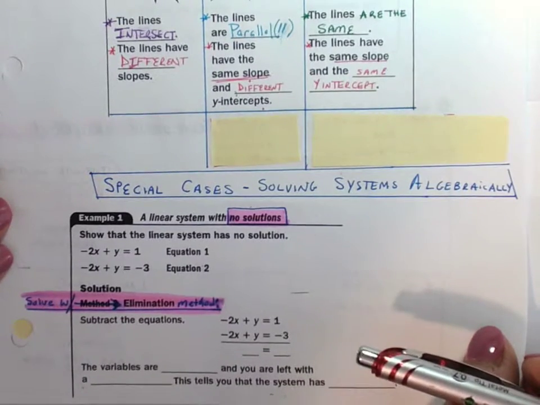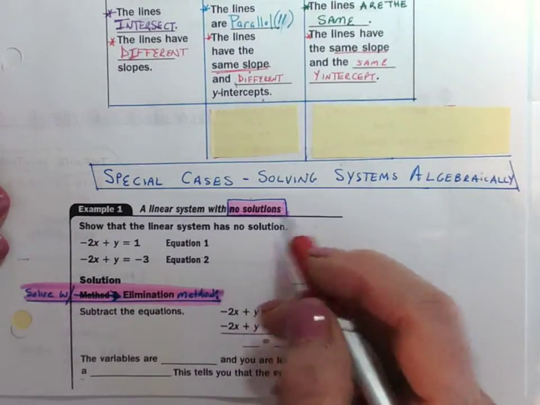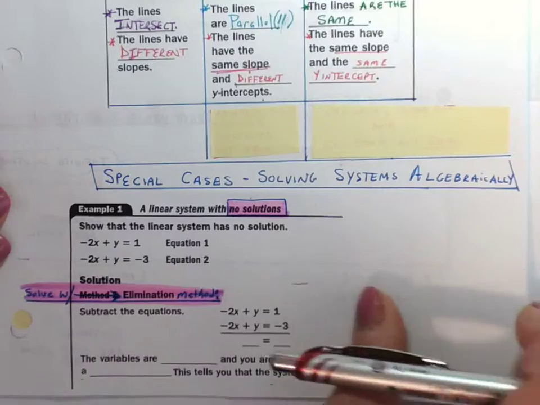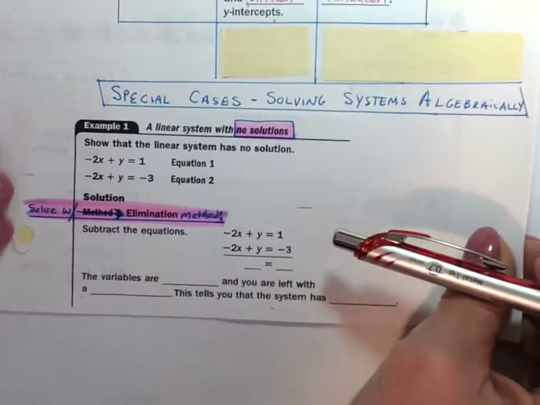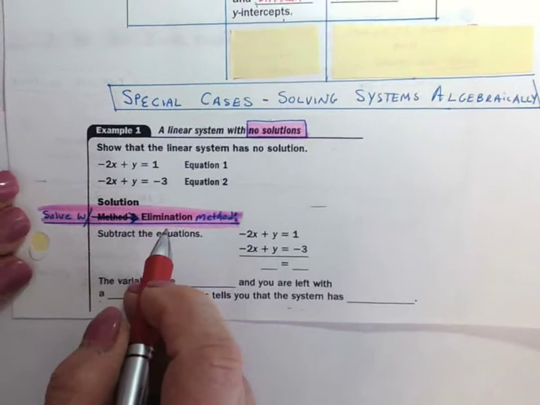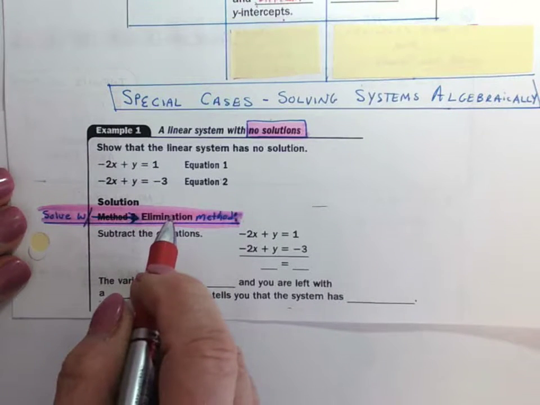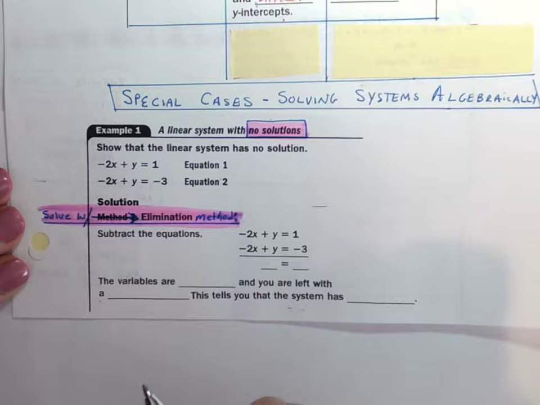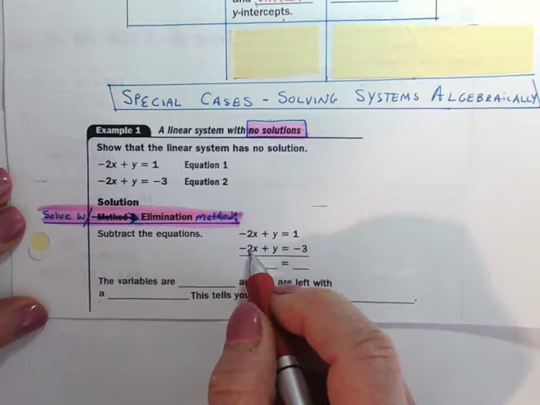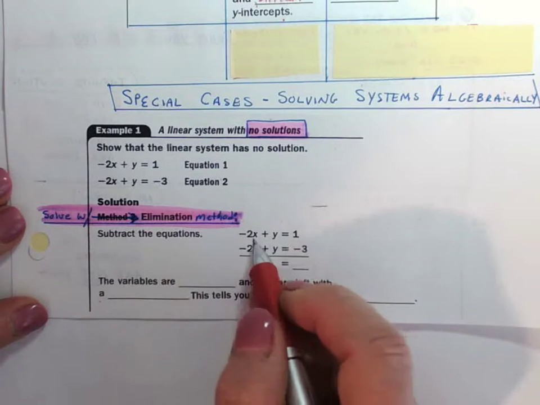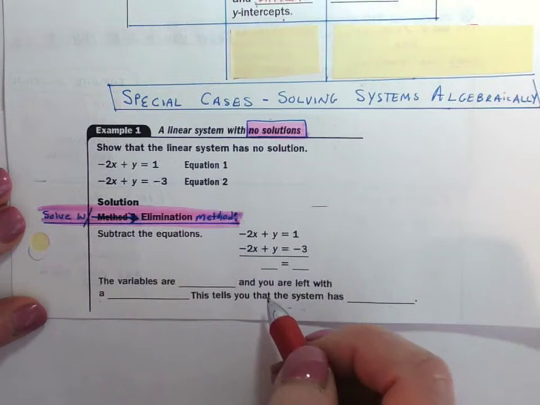All right. So here is going to be an example of no solution. And I want you to solve this with the elimination method. You look at it and you can say that these have the same coefficients.